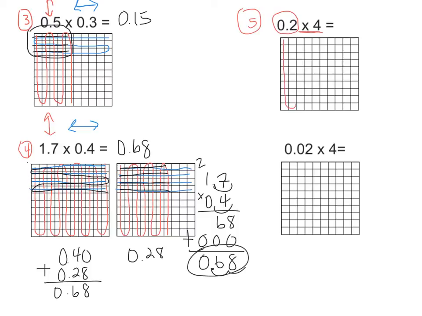So 1/10, 2/10, that was me doing it once. 1/10, 2/10, that was twice. 2/10 again, that's 3 times, and 2/10 again, that's 4 times. So I have 4 groups of 2/10.